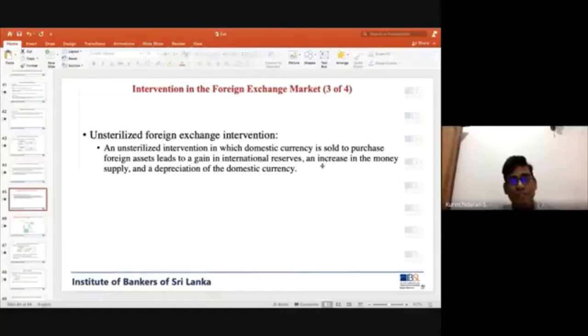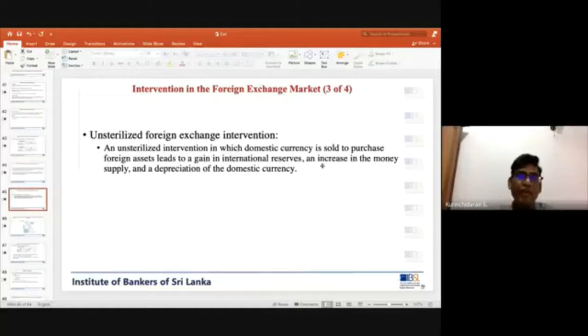This intervention can be done in two ways. One is unsterilized foreign exchange intervention. The other is sterilized foreign exchange intervention. First, we look into that. What is unsterilized foreign exchange intervention?